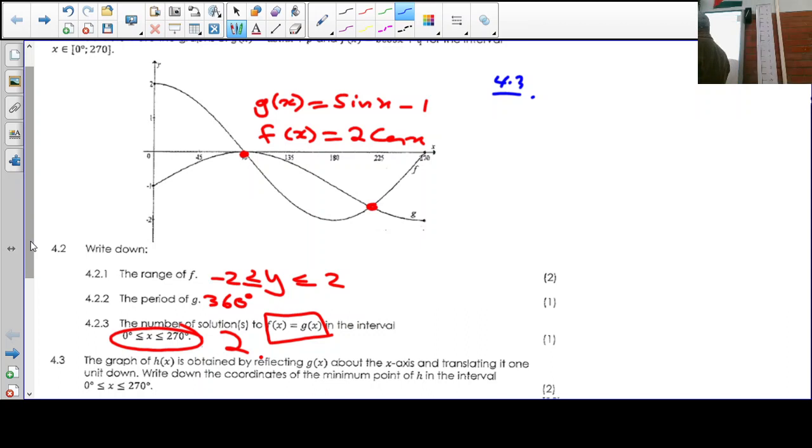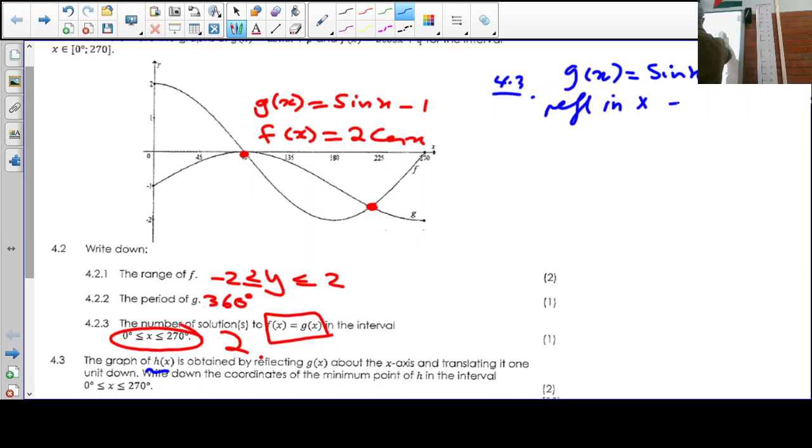And in 4.3 the question says, the graph of h of x, so here's a new graph coming into play, is obtained by reflecting g of x. So g of x is g of x equal to sine x minus 1, and reflecting g of x above the x-axis. So what happens if something is reflected in the x-axis?